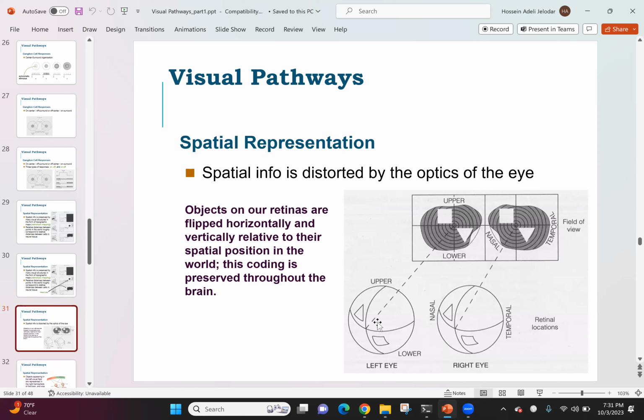You have the right eye and the left eye. This rectangle or square falls on the right lower half of the right eye. Because, as I said, the lens flips the visual world horizontally and vertically. In the left eye, it's also flipping it horizontally and vertically. It's one visual input, but I'm showing two of them because the eyes are looking at it at a slightly different angle.